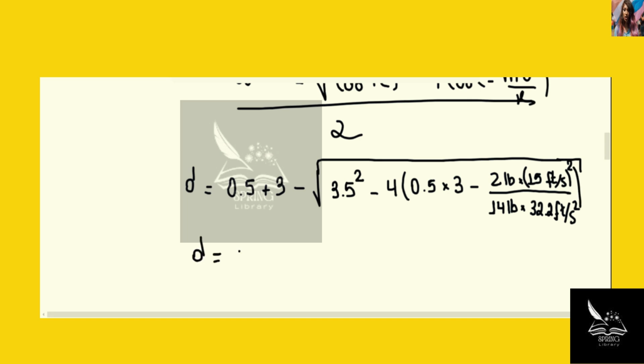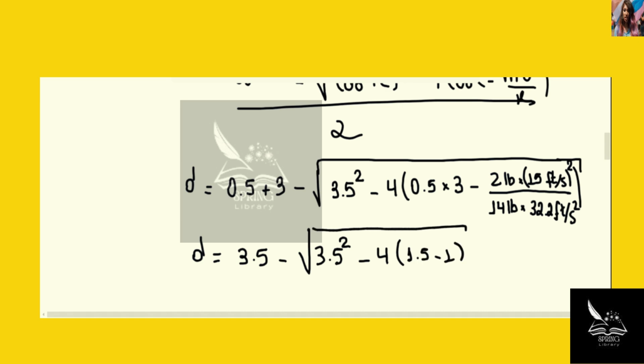So d is equal to 3.5 minus the square root of 3.5 squared minus 4 times 1.5 minus 1. Of course, everything must be divided by 2. I'd forgotten it up here.